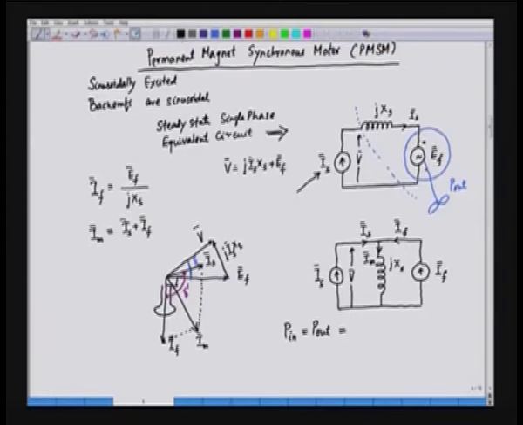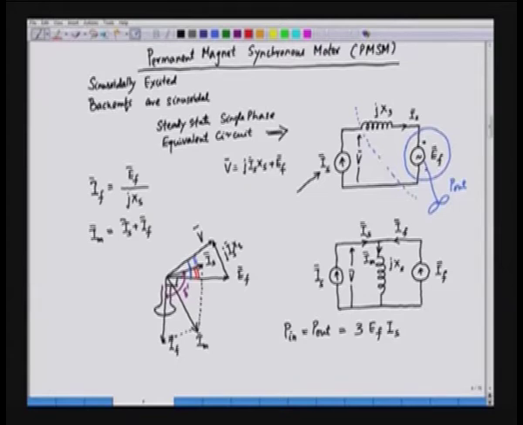So, we have Ef and Is. This is a single phase circuit; for 3 phase we will multiply by 3. Ef amplitude and Is amplitude, and what is the angle between them? If we see, this angle in this case is delta prime minus pi by 2.